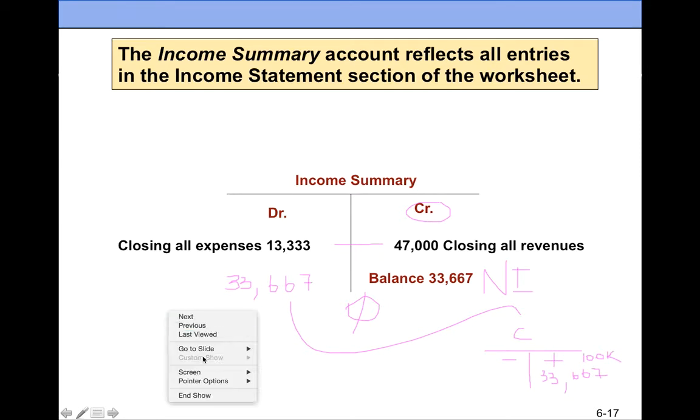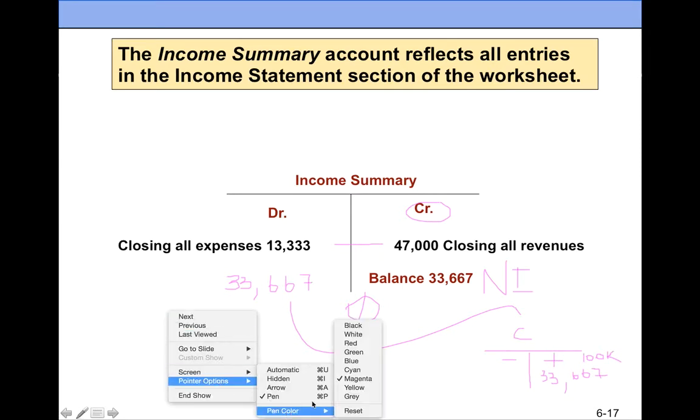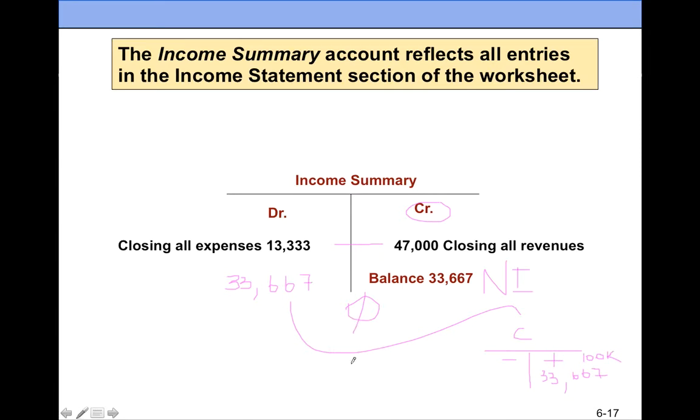So what if I had net loss? Let me use a different pen color. So if I had net loss, let's say I had $10,000 in expenses, and I had $7,000, different example, $7,000 in revenue. So that means I have a debit balance in the income summary account, and my debit balance is 3,000, and that debit balance represents net loss.